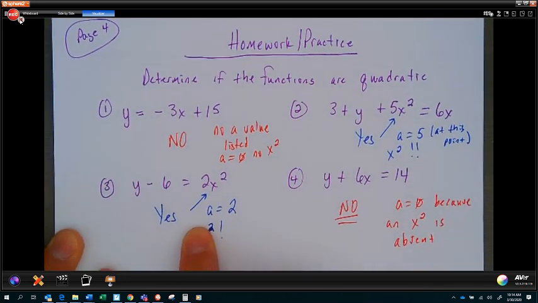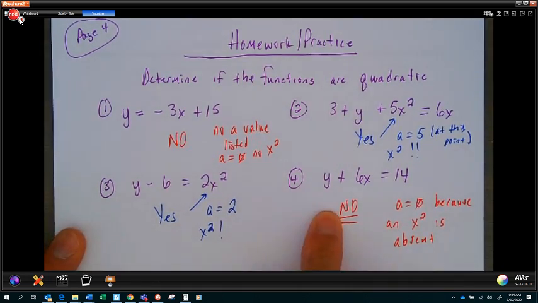Again, looking at number 3, we have an x squared value, which means we have an a value. This value is 2. And number 4, there is no x squared value present. That means that a equals 0. And because the x squared is absent, a equals 0. And therefore, this is not a quadratic function.